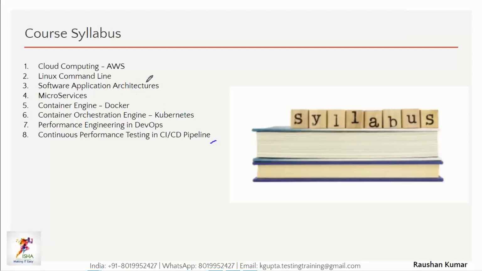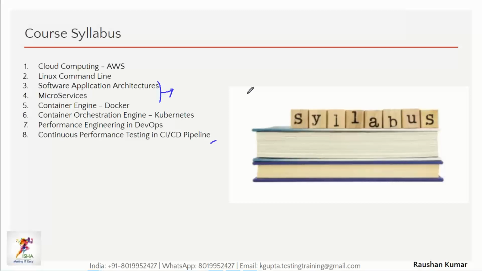I'll talk mostly about microservices. What is microservices, what is monolithic, and what is the difference between microservices and monolithic? Jar file deployment, Tomcat server, simple stuff, right?